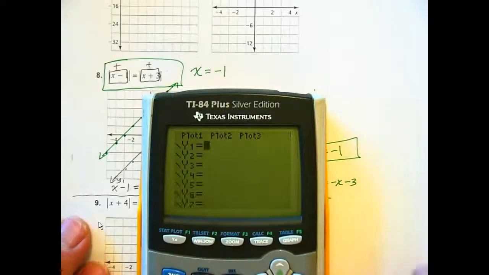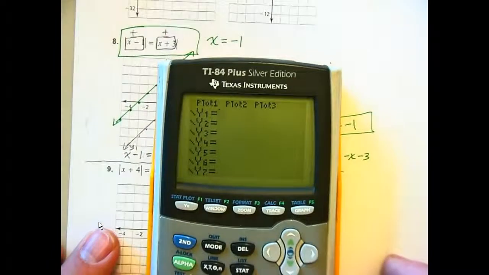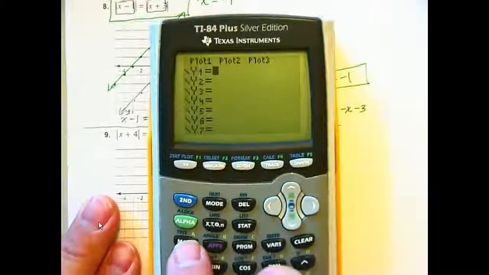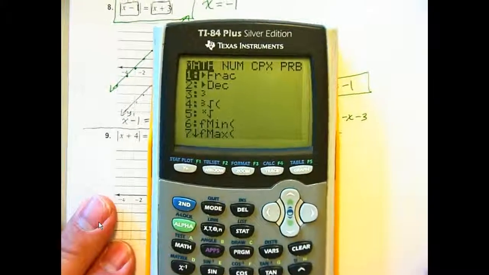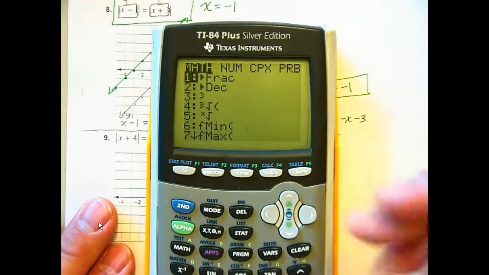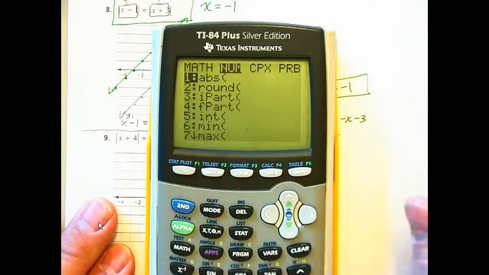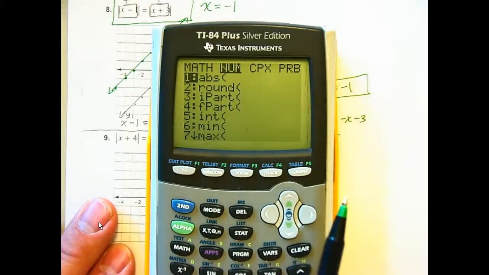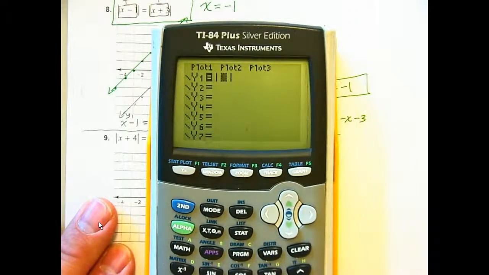How do we put absolute value symbols in? You push math, then you go to NUM, arrow over to 1, and select option 1. Then we put in our x minus 1. That's my first equation.